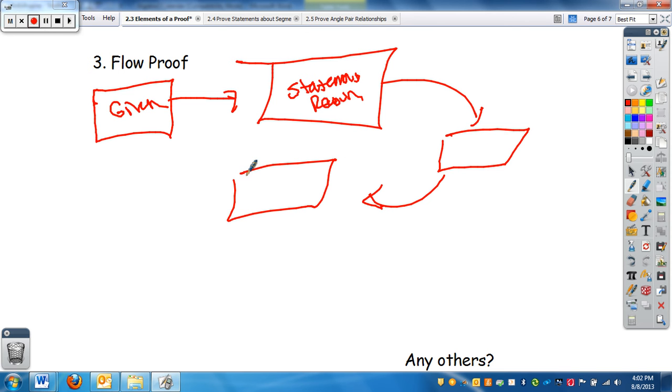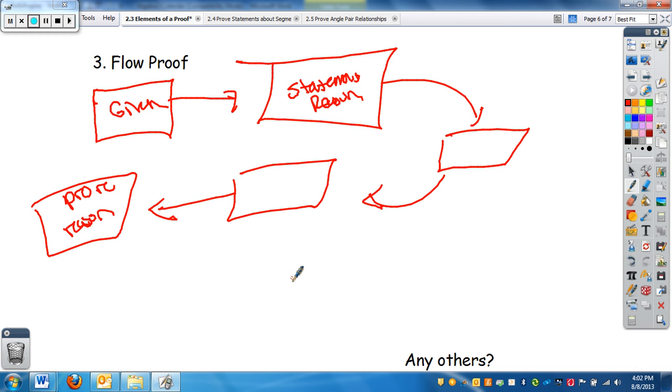So it's kind of like a 2-column, but you just keep going until you're all done, and then your proof, and then your reason why you know that. And again, these are just 3 examples of a way to write a proof. You could probably think of other ways to write a proof. The most important thing is that your argument is valid, and that you have your statements and your reasons to go from step to step to step to step.